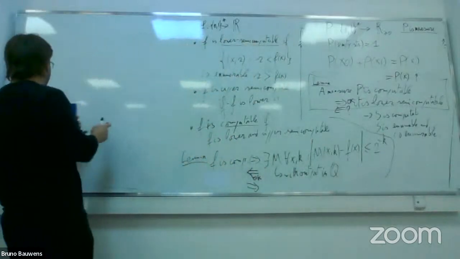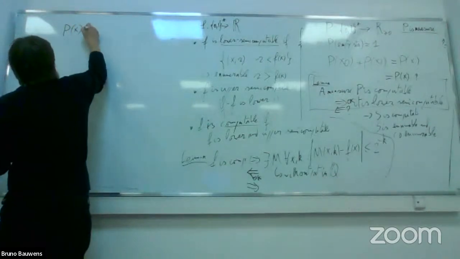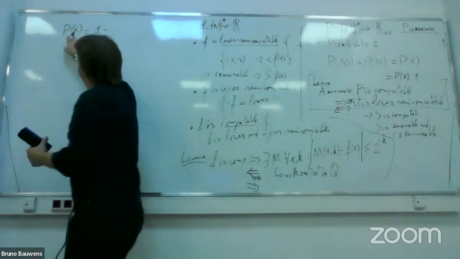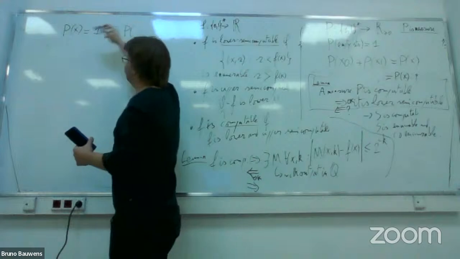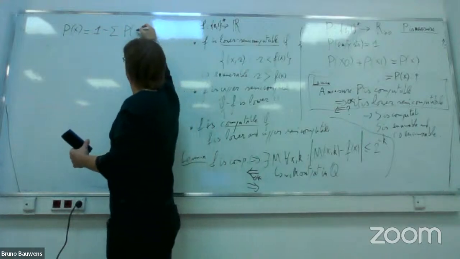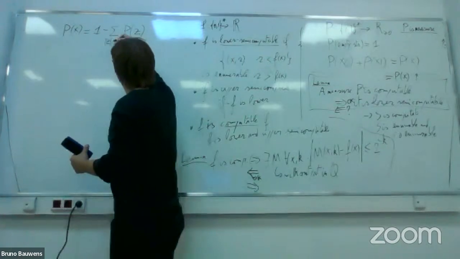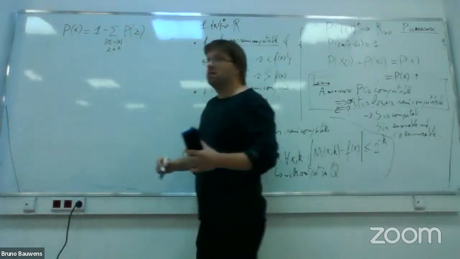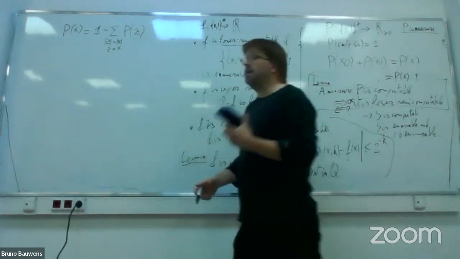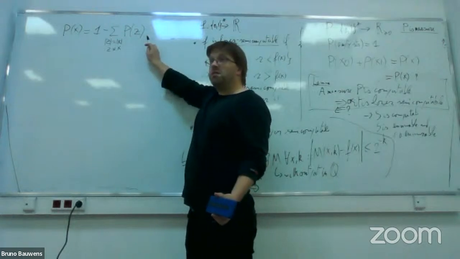Oh, I see. Okay, so P of X is equal to 1 minus the probability of all the strings Z different from X and of the same length, where length of Z is equal to length of X and Z not equal to X. But then I can use my lower approximation for each of these probabilities.